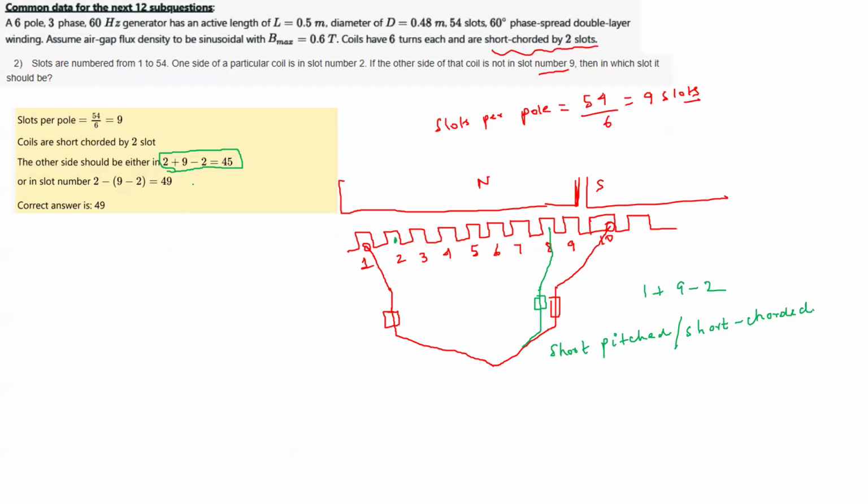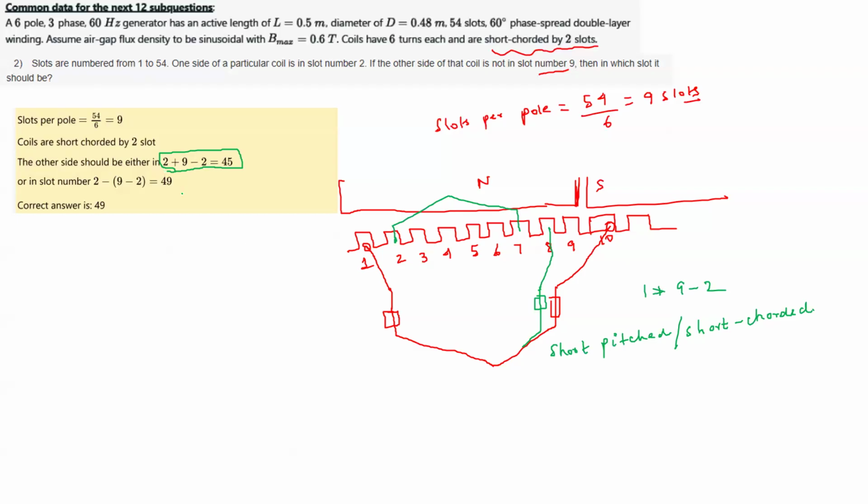It should have given you the answer as 9. 2 plus 9 minus 2.